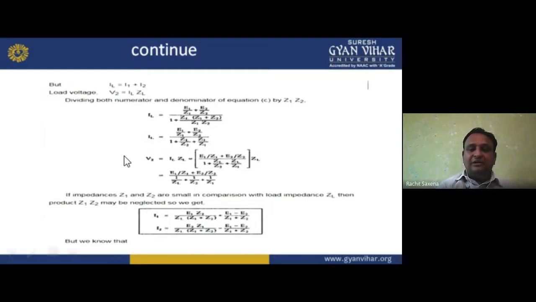Through this we have V2 equal to IL ZL. If the impedances of the first and second transformers, Z1 and Z2, are small in comparison with the load impedance ZL, then the product Z1 Z2 may be neglected.